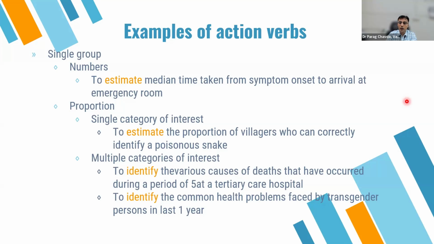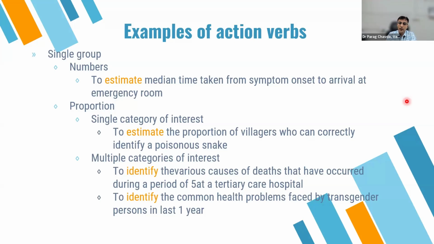So a better action word for such an objective would be to estimate, let's say they have preferred to summarize it in terms of median time taken for this particular event. So to estimate median time taken from symptom onset to arrival in the emergency room. So to estimate would be a preferred action word. Now the study variable of interest might not be measured in numbers and you might measure it in terms of proportions.